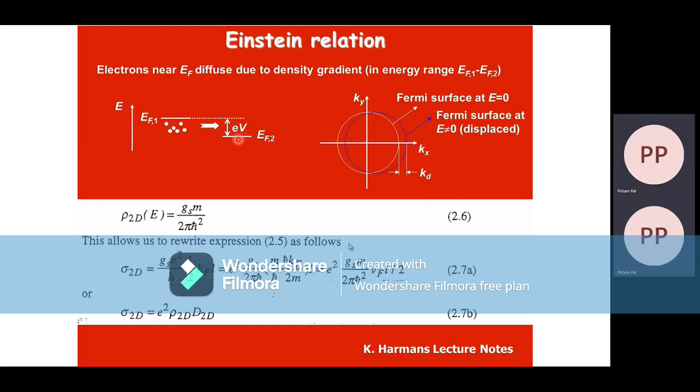the important quantity that describes the transport is the density of the electrons in this window of chemical potential difference between EF1 and EF2, around the Fermi energy EF. The density of states for the 2D case is a constant.